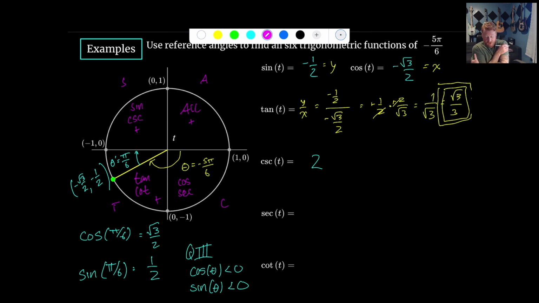So now that we've got those in here, cosecant is 2 at pi over 6. And since we're in the third quadrant, where only tangent and cotangent are positive, this tells us that this will be negative 2. So just using that common value, cosecant of pi over 6 is 2. Since we're in the third quadrant, we know that it's going to be negative 2. And we can do the same thing here for the secant of t.